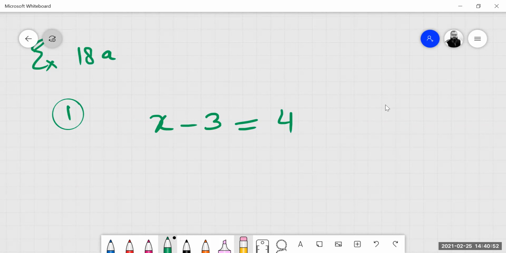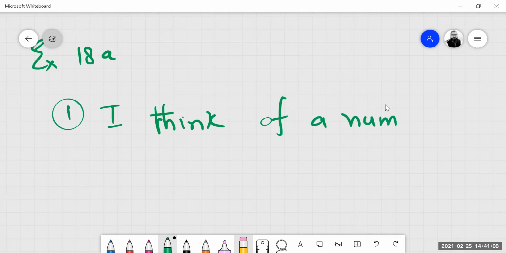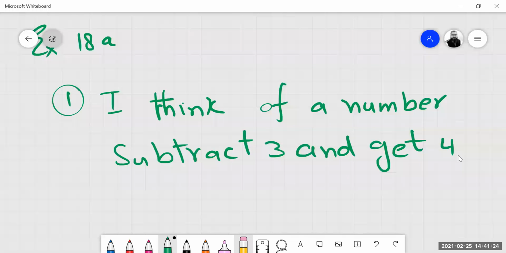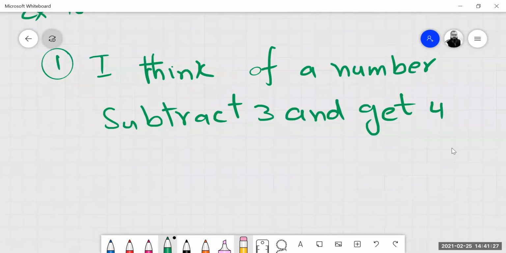The equation is x minus 3 equals 4. The x is 7, because 7 minus 3 equals 4.